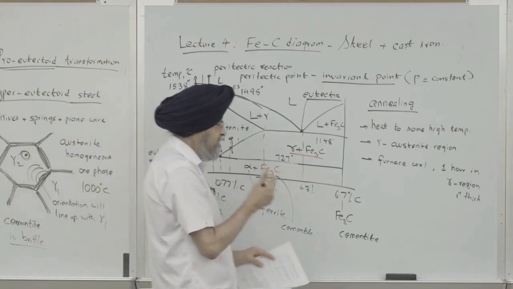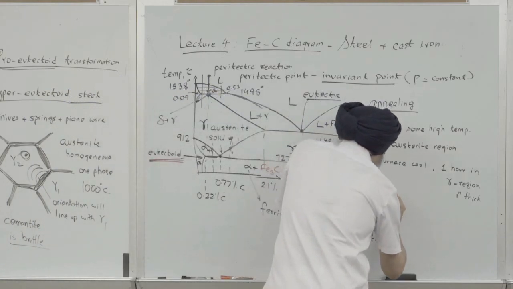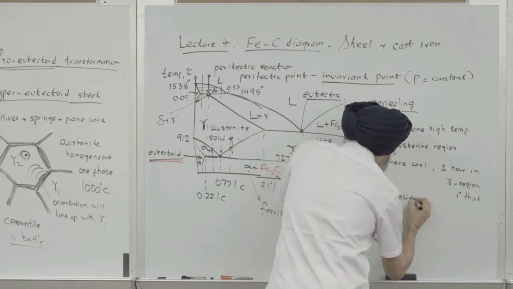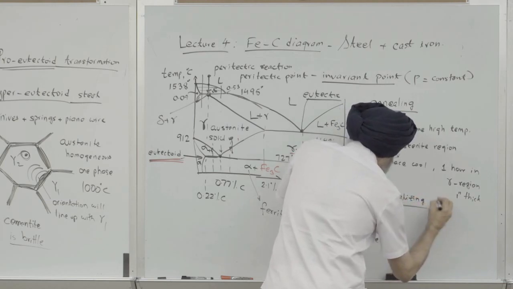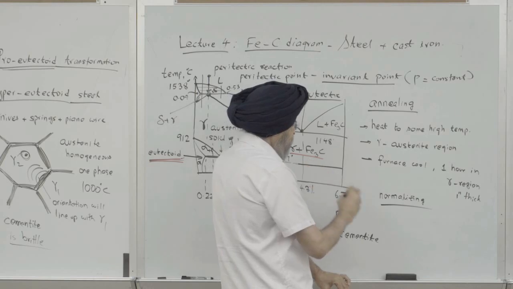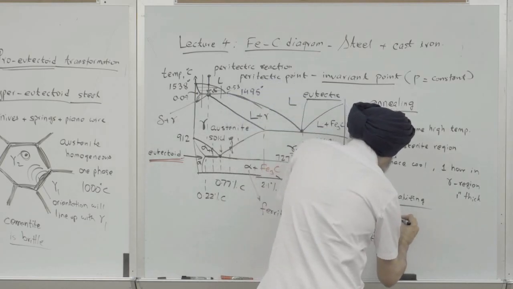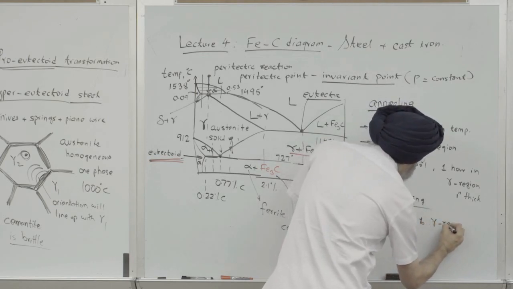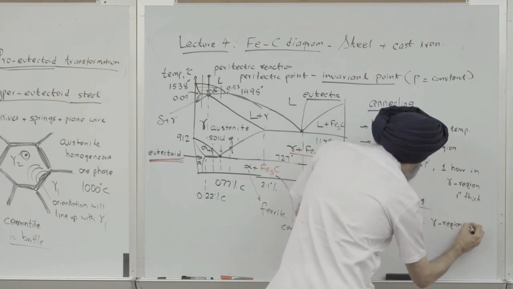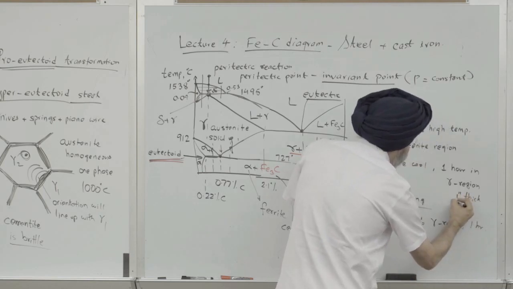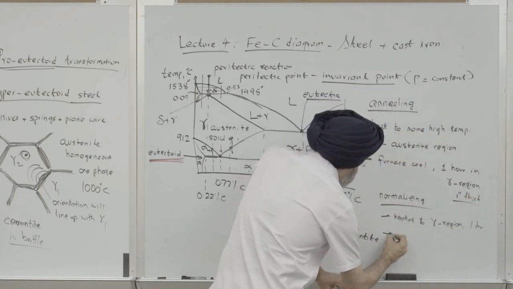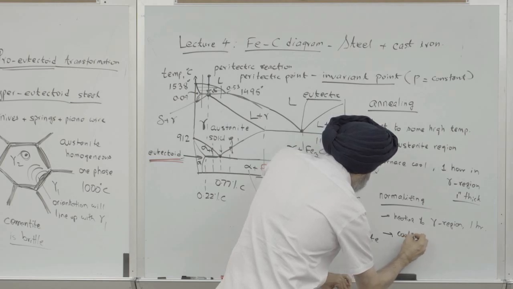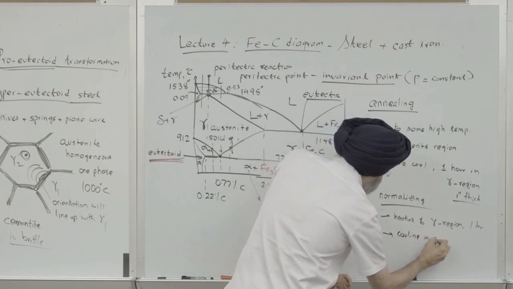So that's one. But then there's another term called normalizing. So normalizing is, again, heating to the austenite region, let's say for 1 hour, for 1 inch thick steel, and then cooling in air.